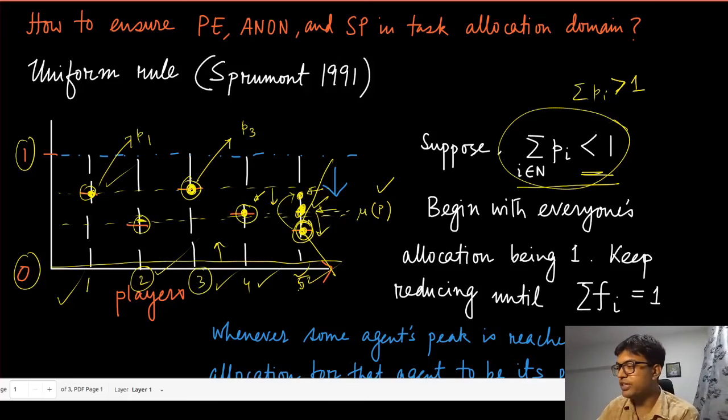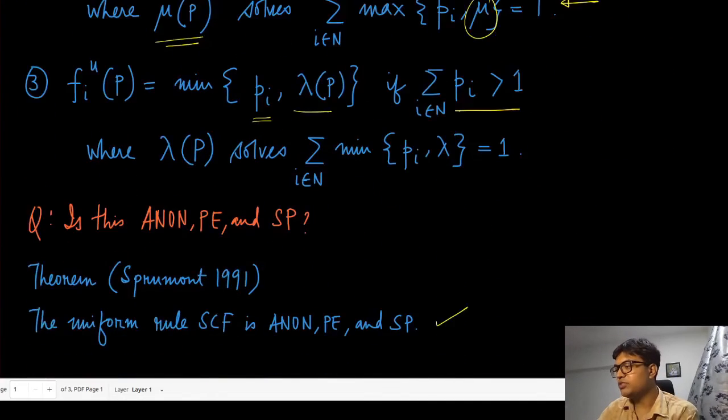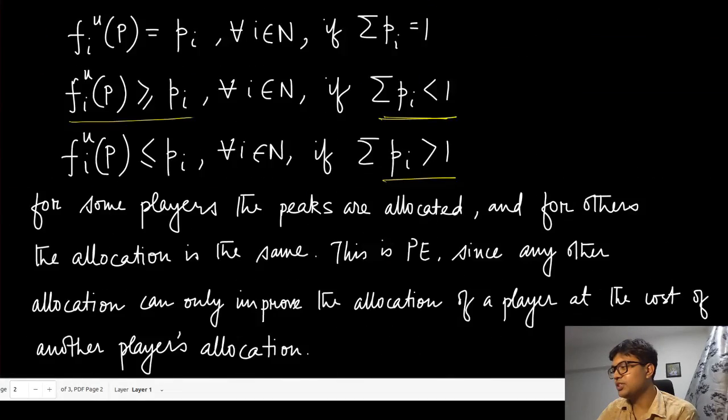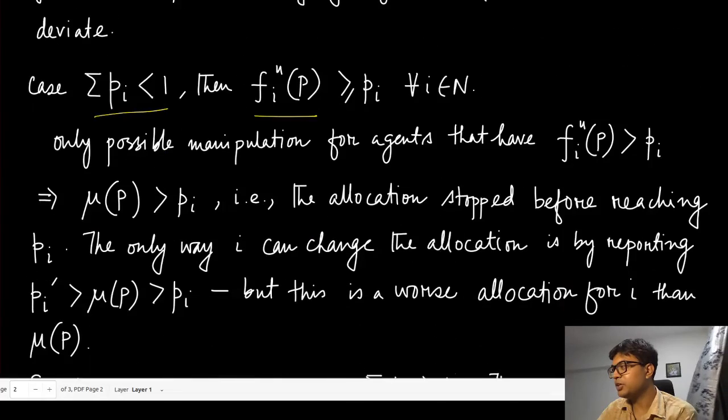So therefore there is no reason, and you can argue in a very similar way for the other case, where you are increasing the water level or the thread level from the bottom in the situation where the sum of the pi is greater than 1. So there is no reason for any of these agents to misreport their peaks, because the only way they can change the outcome is by reporting their peaks on the other side of that thread, which they prefer less.